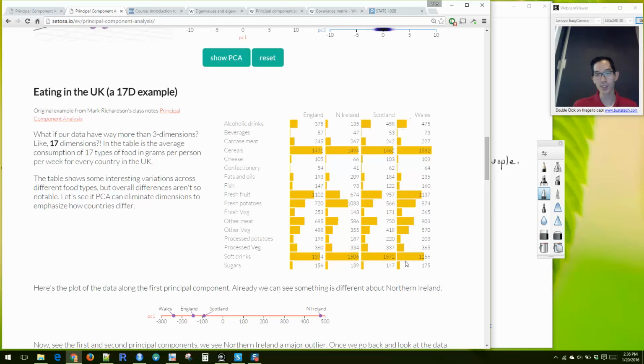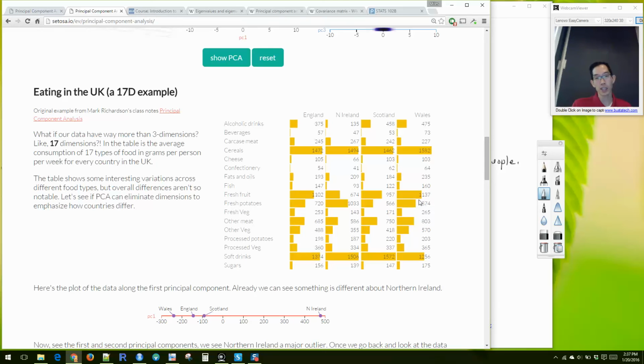These are the four countries within the United Kingdom of Great Britain and Northern Ireland. And it's like, are there any differences in how much food they consume? Just looking at the data, it's hard to see anything, right?